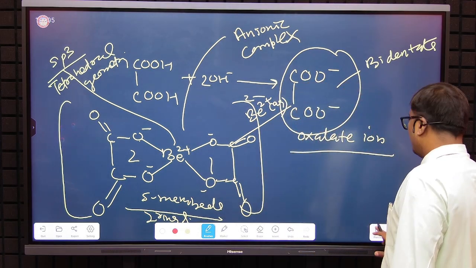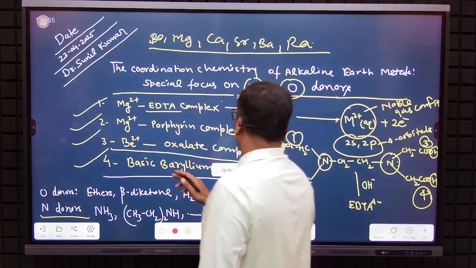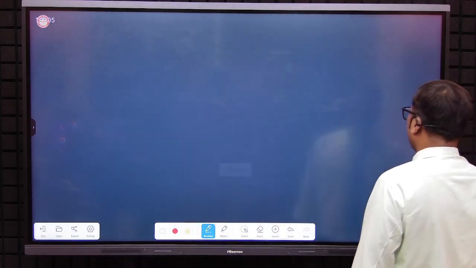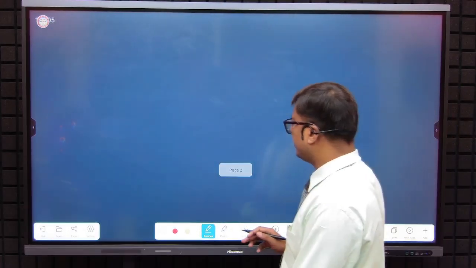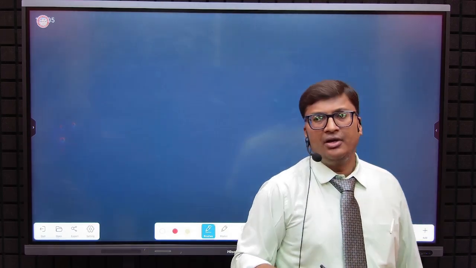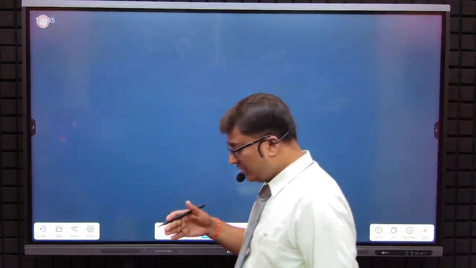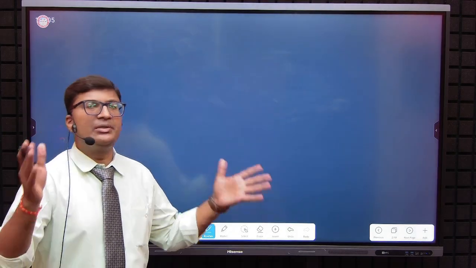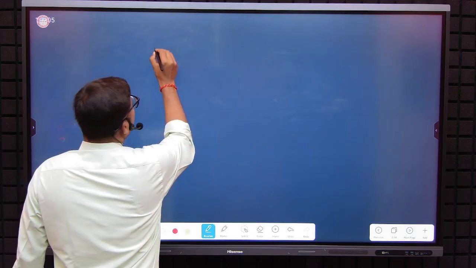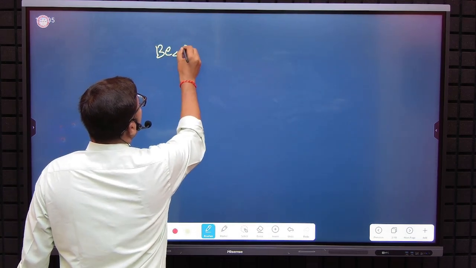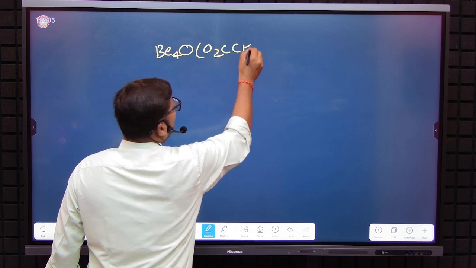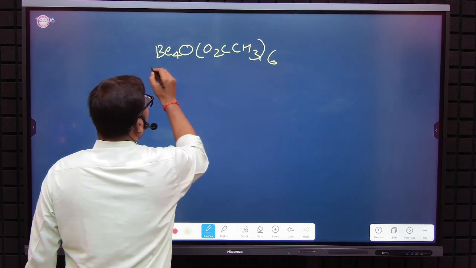Another one is basic beryllium acetate. In the previous lecture we drew the structure of basic beryllium acetate. What is the chemical formula? That is Be4O(O2CCH3)6, right?